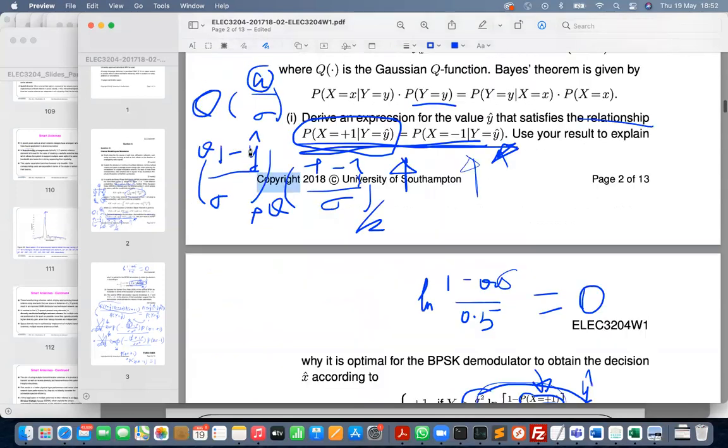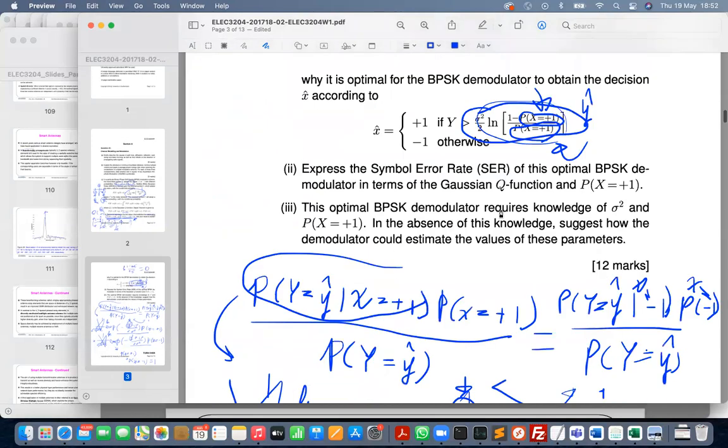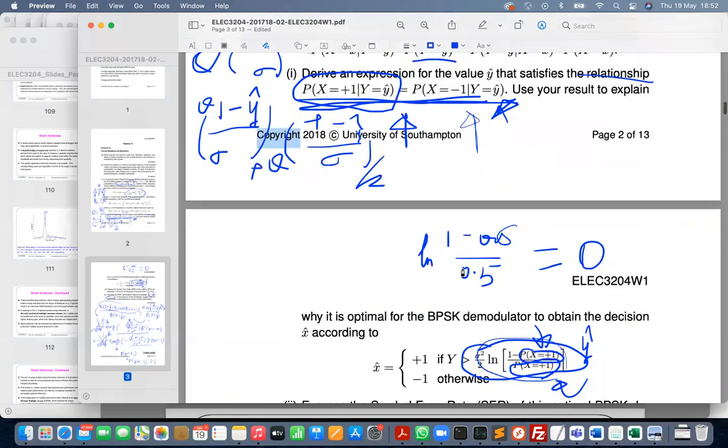Right, the last question here is: if the demodulator needs to know the noise power and the probability, how do we know this? What is the probability of the noise?